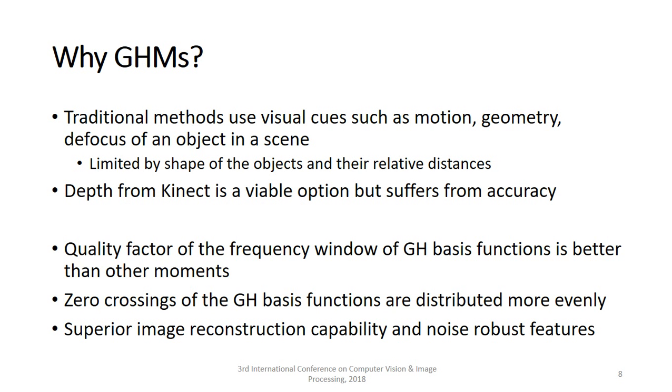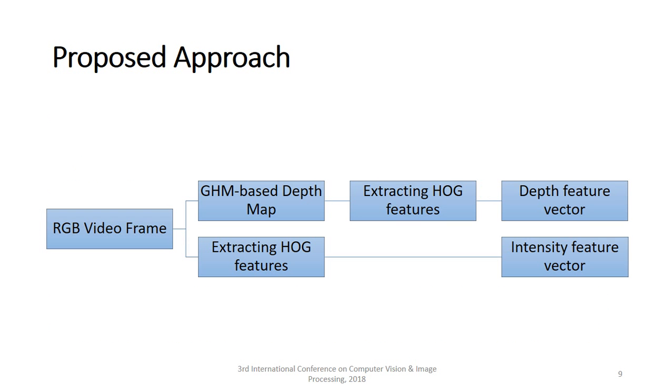So we have chosen Gaussian-Hermite moments because the quality factor of the frequency window of Gaussian-Hermite basis functions is better than other moments. Zero crossings of the Gaussian-Hermite basis functions are distributed more evenly. So these things ensure superior image reconstruction capability, and the noise-robust features of these GHMs are really noteworthy.